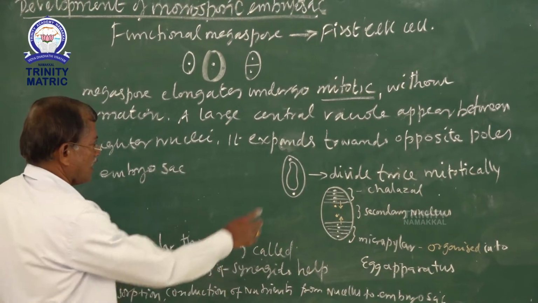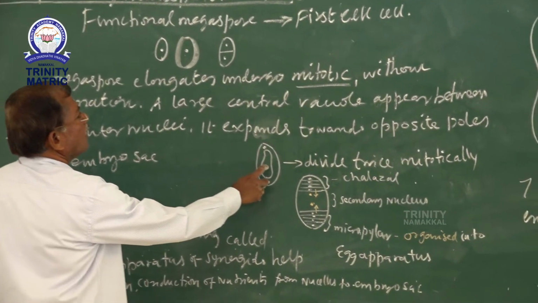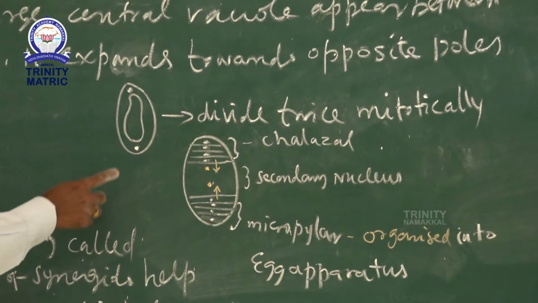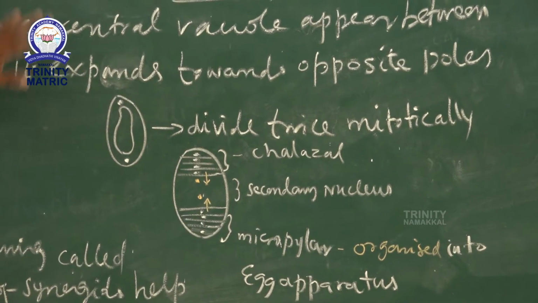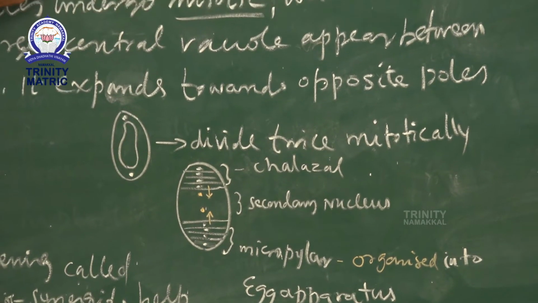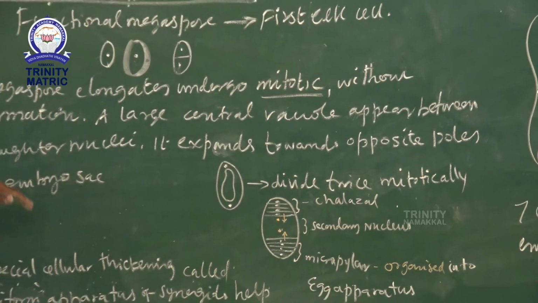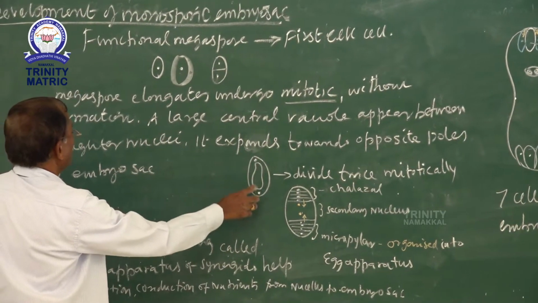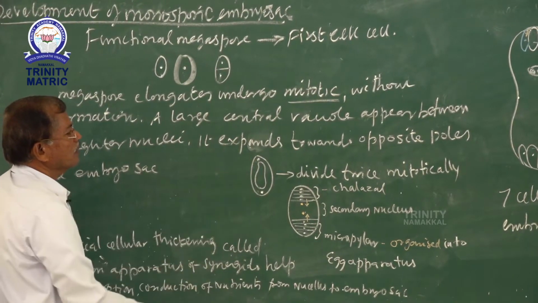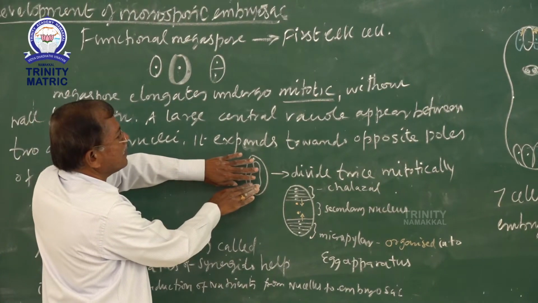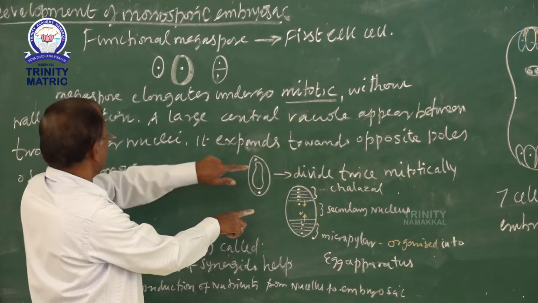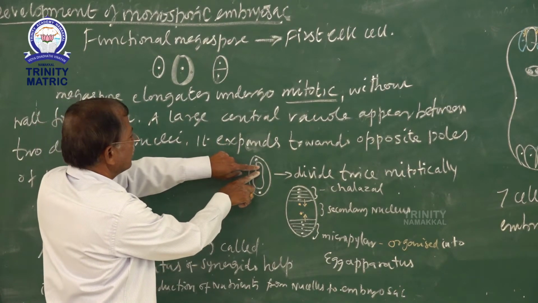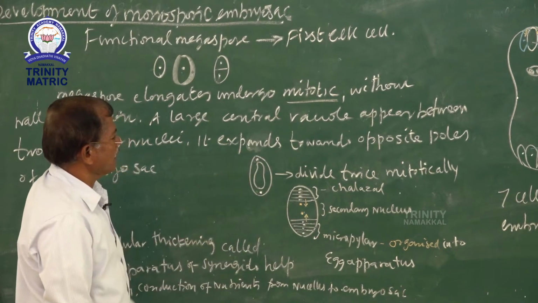A large central vacuole appears between the two daughter nuclei. It expands towards the opposite poles of the embryo sac.